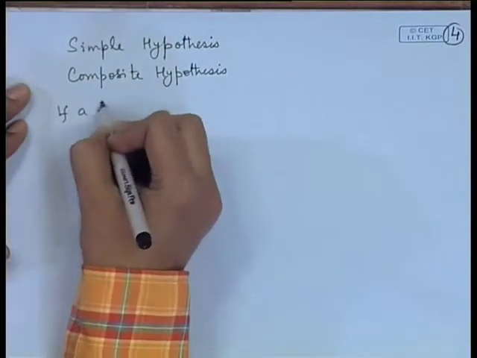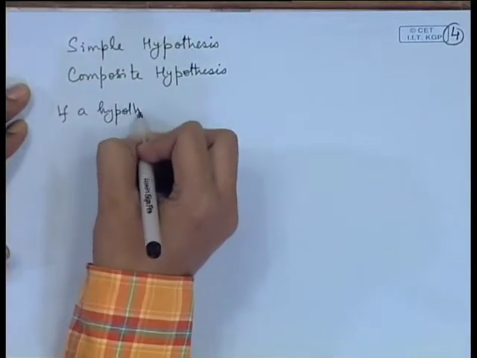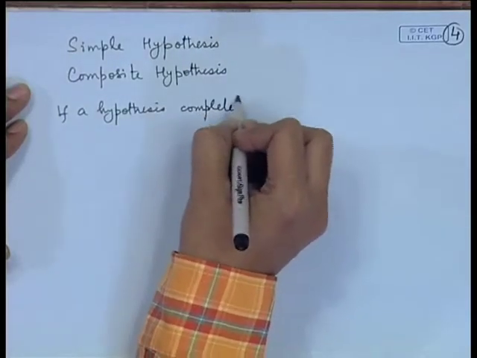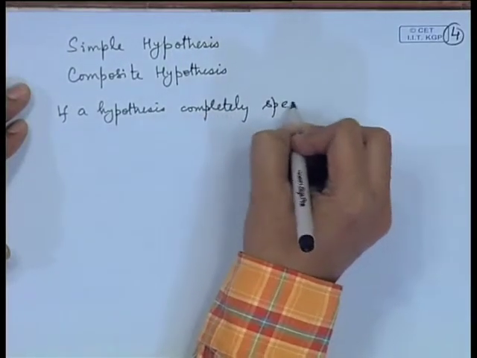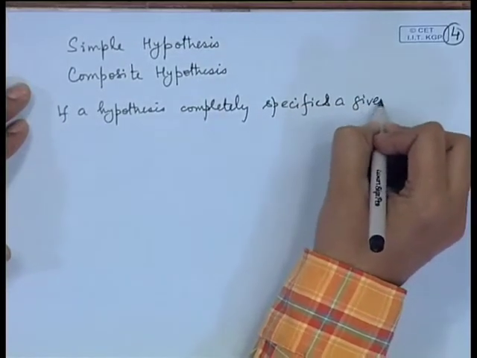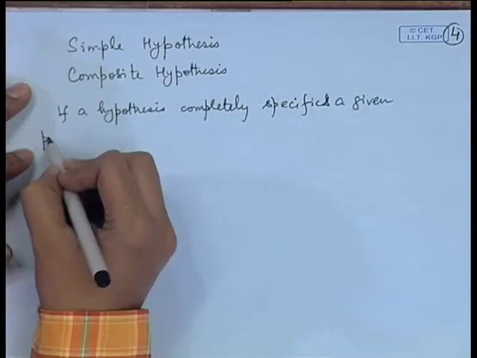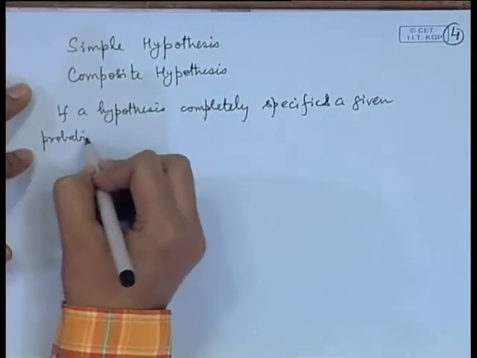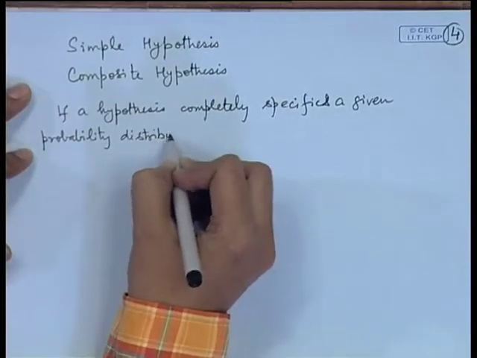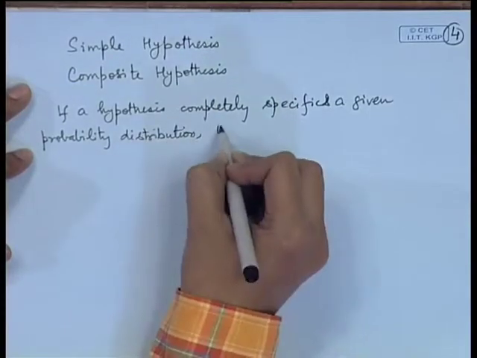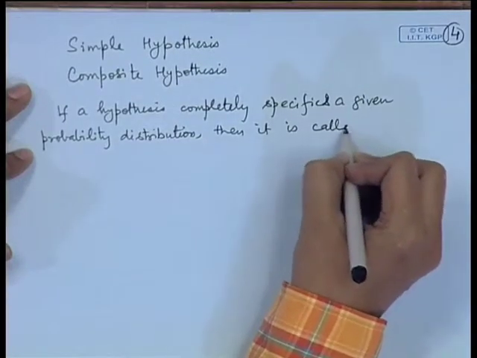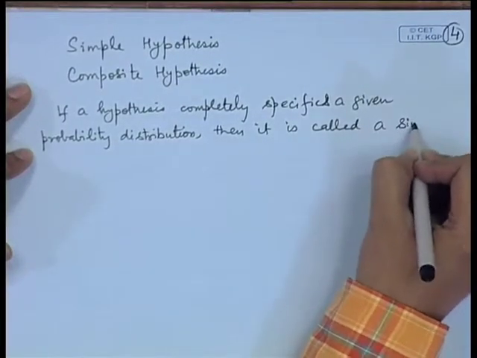If a hypothesis completely specifies a given probability distribution, then it is called a simple hypothesis.